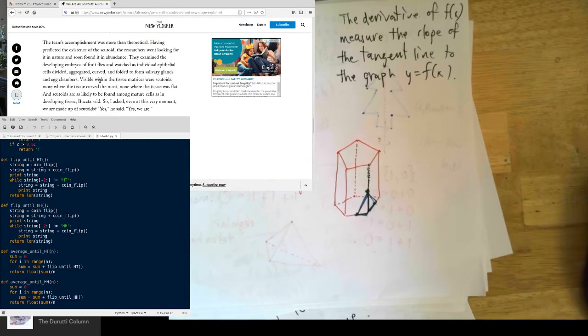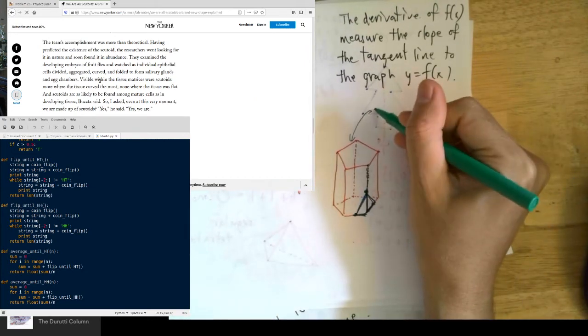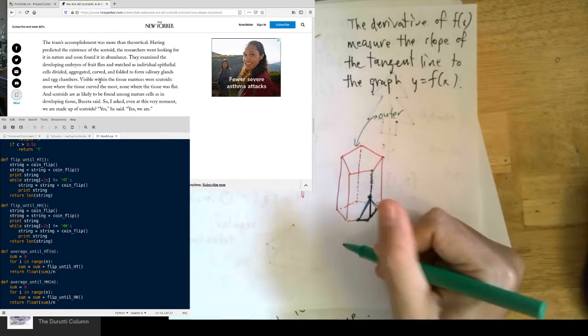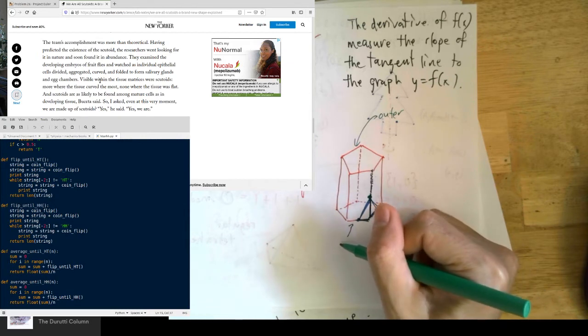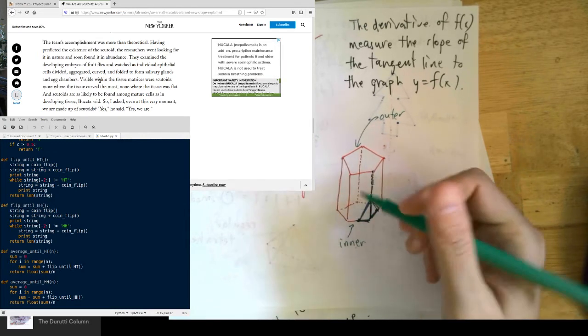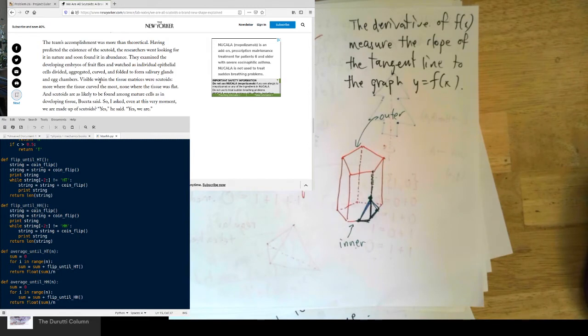Okay, so the question I have right now is how packing these things together, how does that generate curvature? Say, I would imagine that this part up here would be part of the outer part. And then this part down here, I would imagine, is the inner part of an organ, right? When you have these cells packing together to form the wall of an organ.